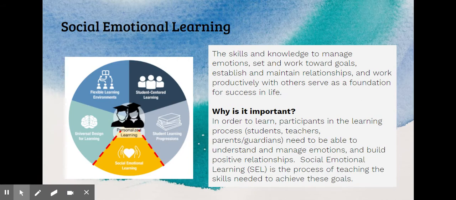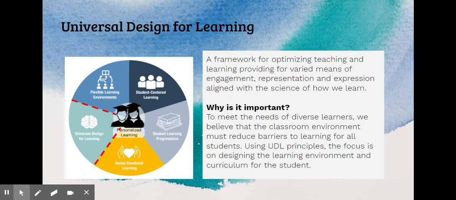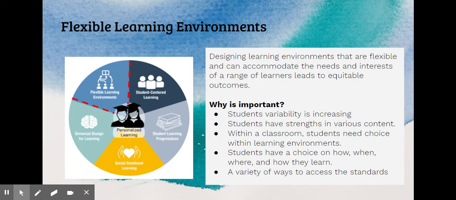Social emotional learning has a huge part in personalized learning, and we'll look at where some of those social emotional skills resonate versus where they are in the habits of learning, and those are tied nicely together, and we'll talk about those as well. Then UDL, obviously the Universal Design for Learning, is what this course is all about, so we'll definitely dive into our UDL principles.